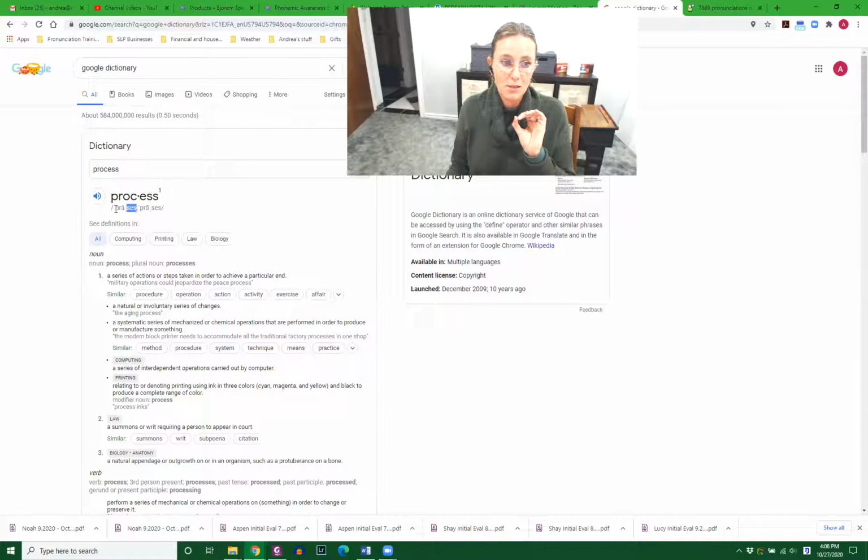Here's this mark is your primary stressed syllable. It gets the most stress. So I'm going to hang on to that a little bit longer. Process, process. What process are we going to implement? This would be process, process.